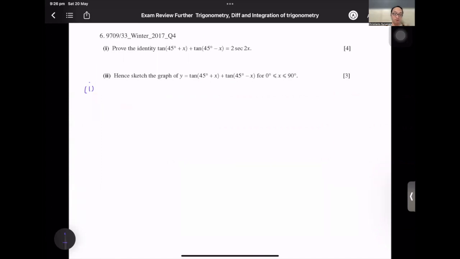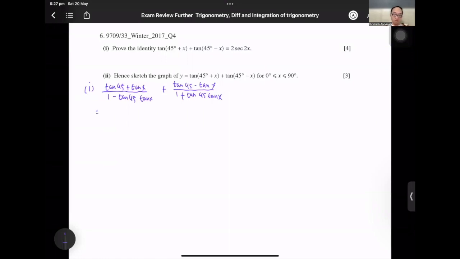formula from MF19. It's tangent 45 plus tangent x over 1 minus tangent 45 tangent x, plus tangent 45 minus tangent x over 1 plus tangent 45 tangent x.